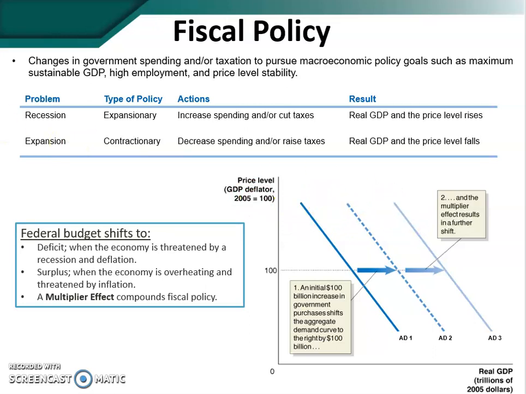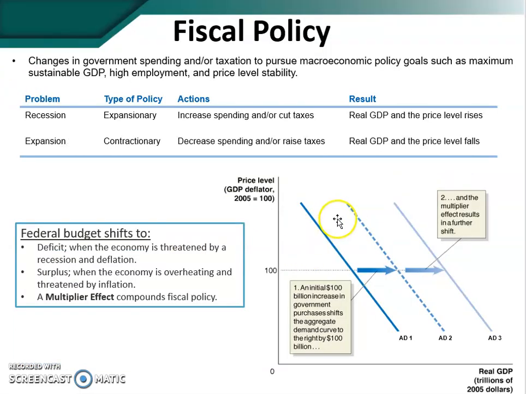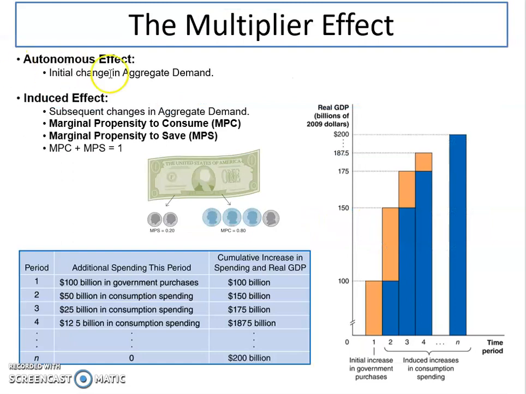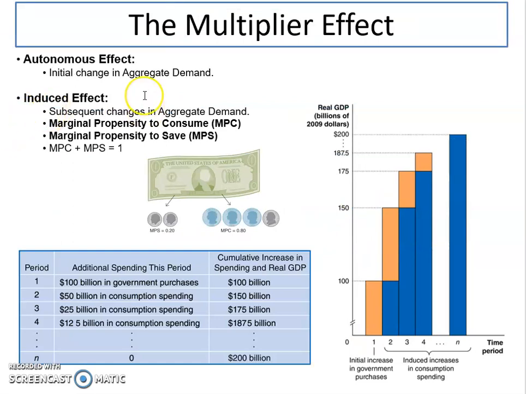Let's elaborate a little more on this multiplier effect. Following the same logic, the initial effect, that shift from AD1 to AD2, that's called the autonomous effect. And then the subsequent shift from AD2 to AD3 is called the multiplier or induced effect.